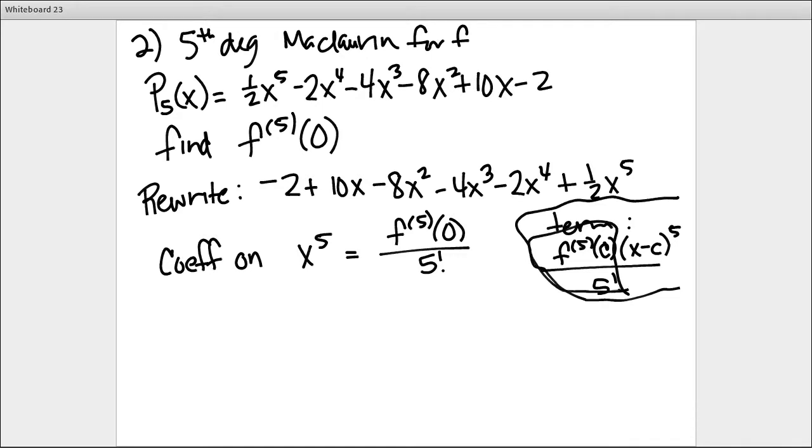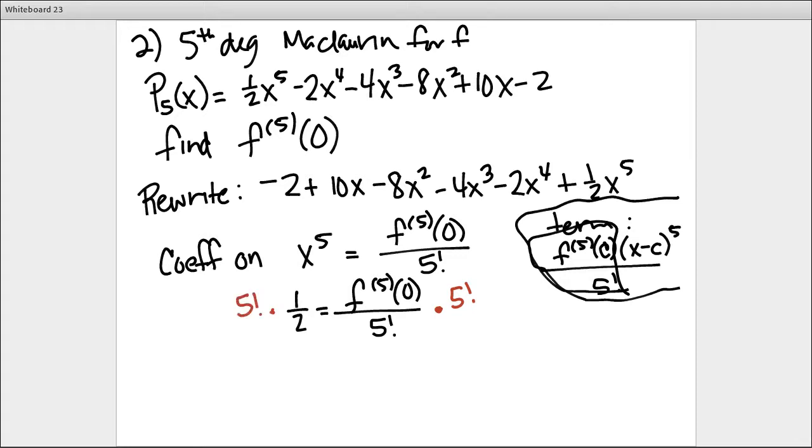But we were given the coefficient on x to the 5th. It's 1/2. 1/2 is equal to the 5th derivative evaluated at 0 over 5 factorial. So you just want to solve for the 5th derivative by multiplying both sides by 5 factorial.